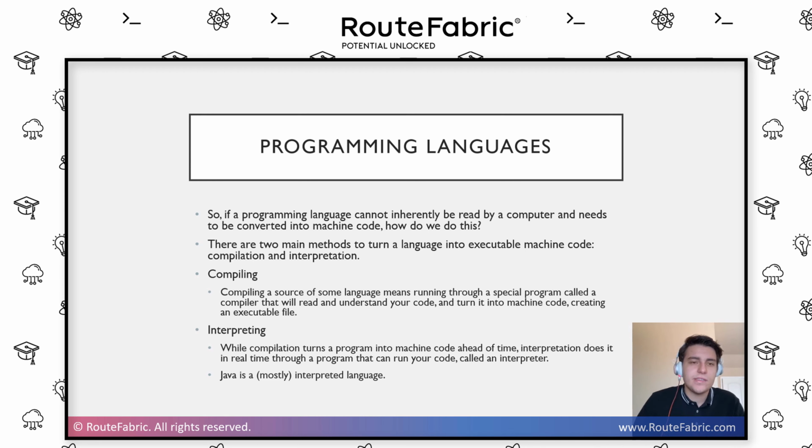So Java is a mostly interpreted language. Really, there are very few languages that are completely interpreted because generally interpreting a language 100% is very inefficient. So what Java will do most of the time is go through your code and compile what it needs to compile very quickly before the code is run, and then the rest it'll interpret while your code is running, and we'll go over how all that works.